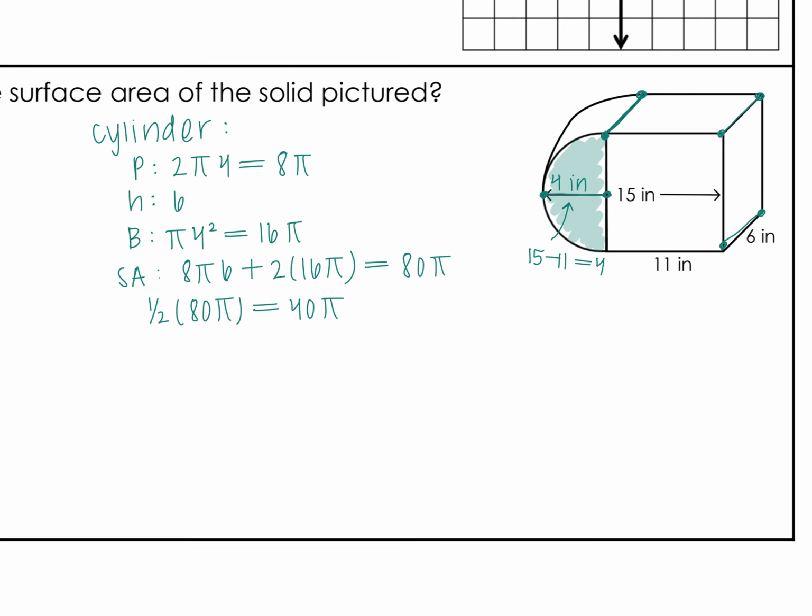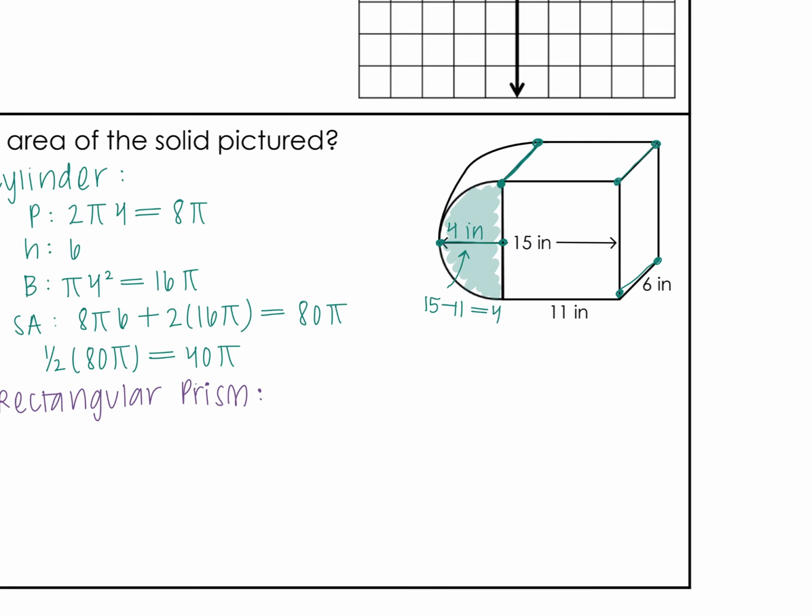Now let's focus on our rectangular prism that we have. All right, so I'm going to kind of draw this to give a little bit more of a 3D effect so we can kind of see some bases and stuff. So what I'm going to use as my base, I'm just picking it.